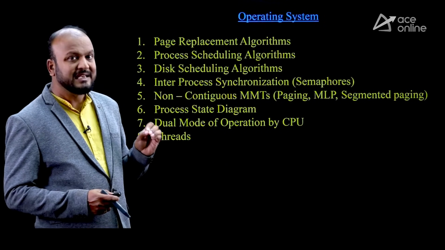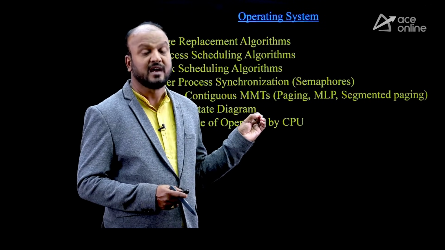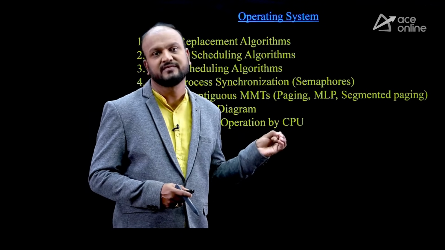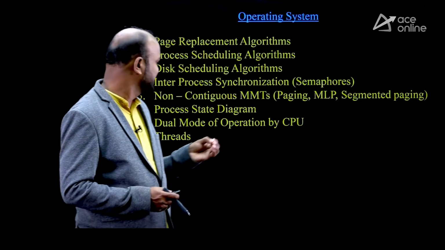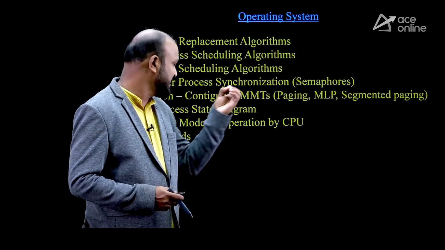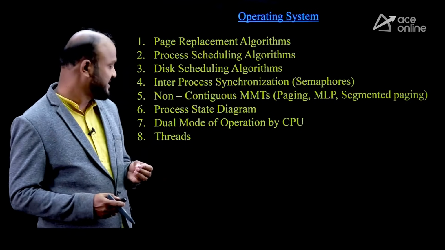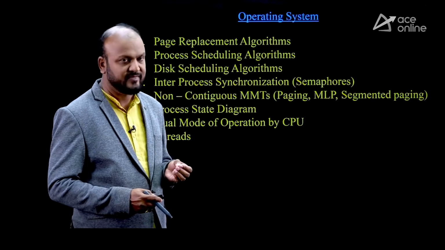And also clearly find the difference between counting semaphores and binary semaphores, where most of the students are going to get confused. And also focus on non-contiguous memory management techniques, paging, multilevel paging, segmented paging, process state diagrams, and dual mode of operations by the CPU, and threads.